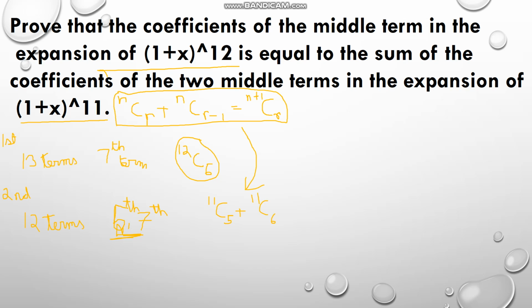We will get the answer as 12C6, which equals the previous one, hence proved. These are both the same, hence our work is completed. In NCR, R is here 6, N is here 11, so N plus 1 is 12, and 12C6 is the answer. Thank you. Now, moving on to the next one.